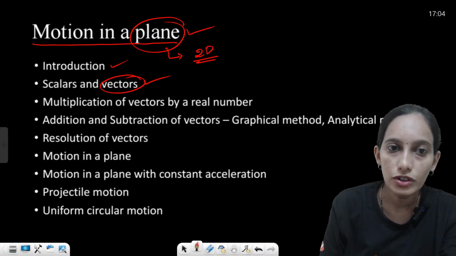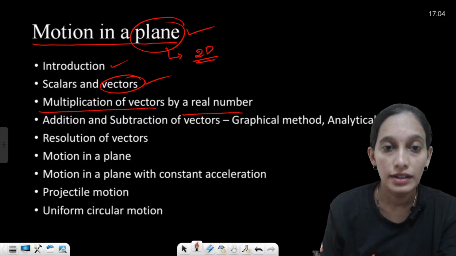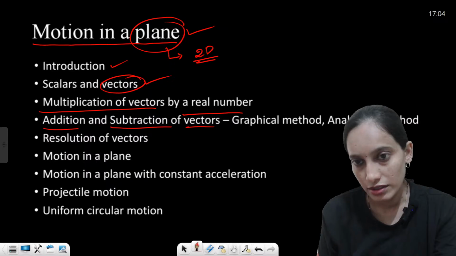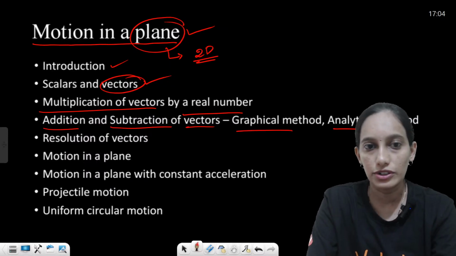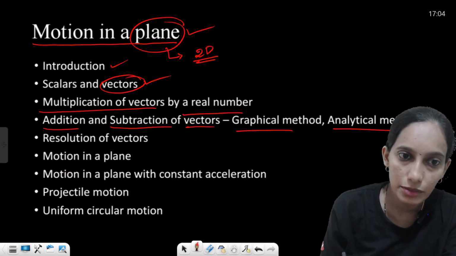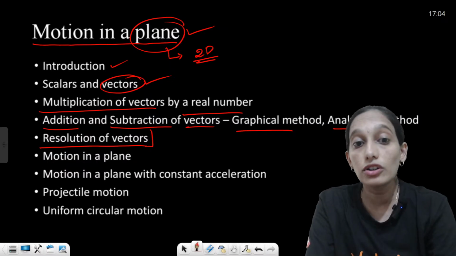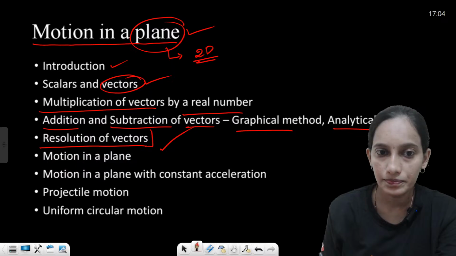That includes multiplication of vectors by a real number. Then we will learn addition and subtraction of vectors, by the graphical method and the analytical method. There are two methods which we have to learn, and then we will move to resolution of vectors. There is one concept called resolving of vectors, so that also we have to learn.